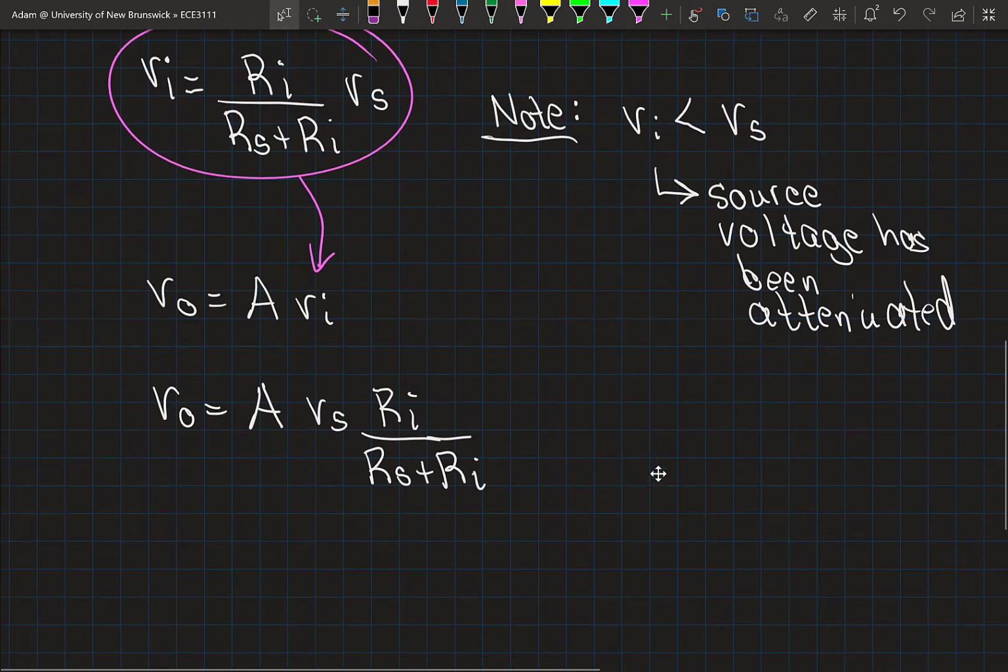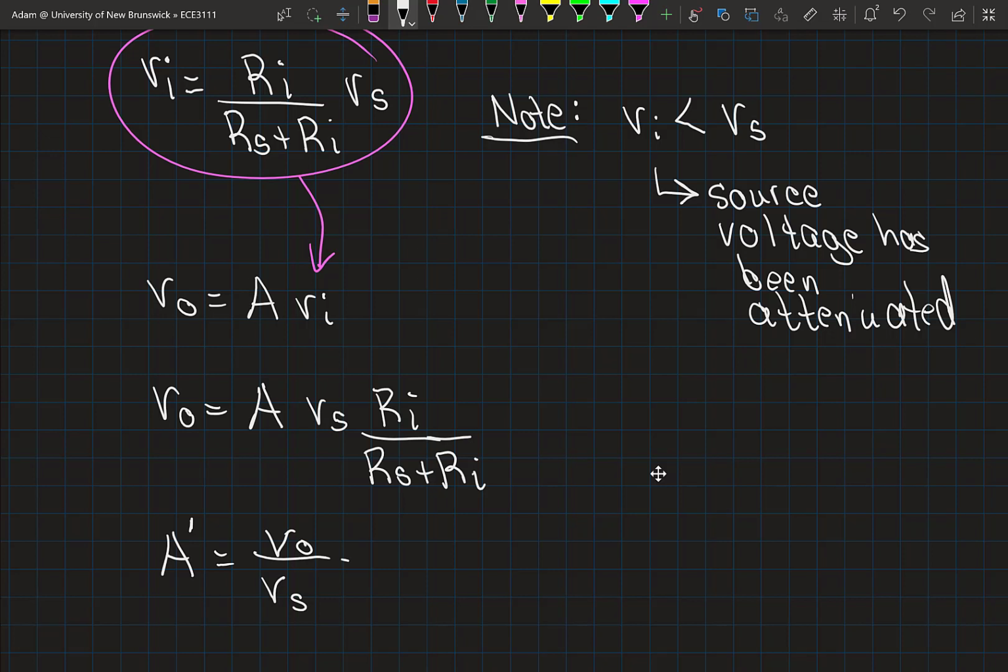Okay, doing a slight rearranging here, I can come up with a gain term. Remember, the gain is typically defined as my output voltage divided by my voltage from my source, or my voltage that's delivered to my load divided by my voltage that's supplied by my source.